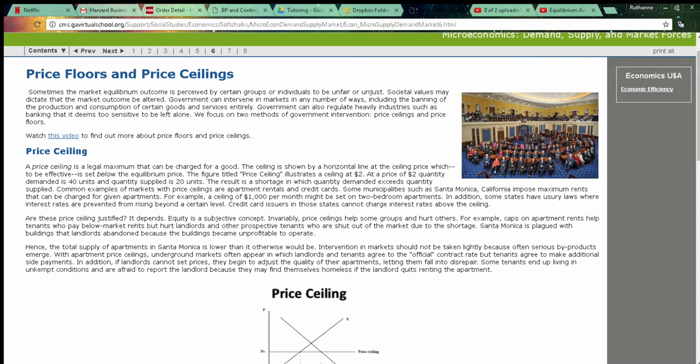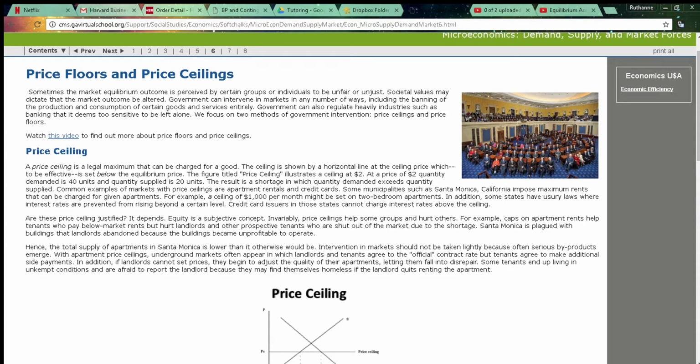Or, for instance, apartment landlords. There are, in many cities, price ceilings on certain housing so that groups of people based on income do not get priced out of their own city and their own home.